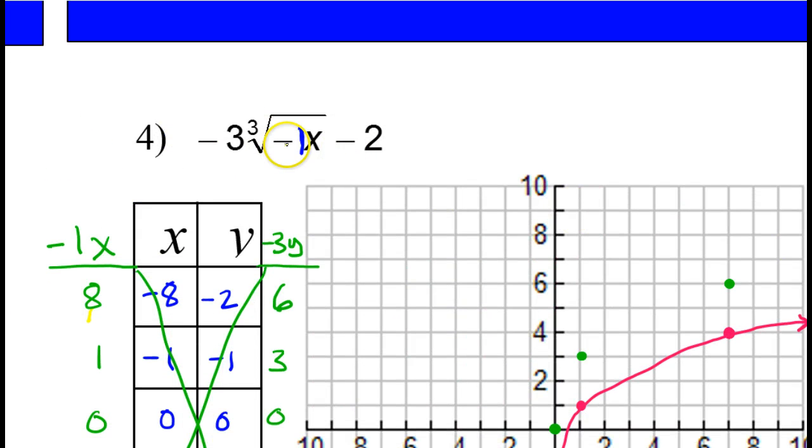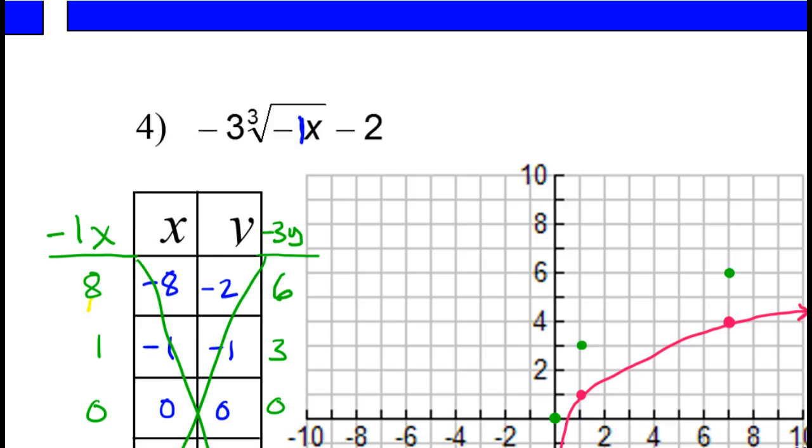Now, this negative under the radical is also a reflection, but this is a reflection over the y-axis. All right? A negative in this position is a reflection over the y-axis.